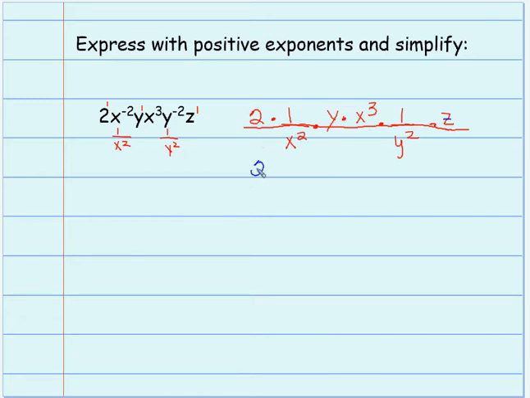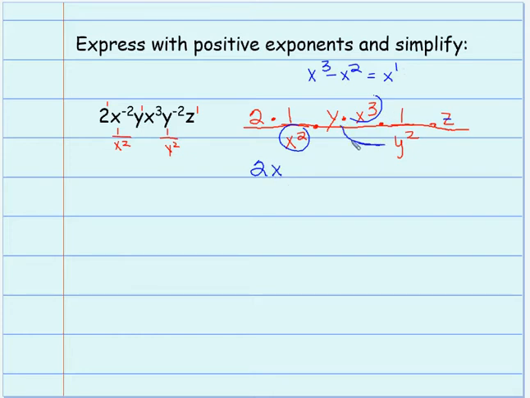I know I have a 2 because I have no other numbers, so that's going to stay there. And then I have these x's here, so I'm dividing, so it's going to be x^3 minus x^2, which is x^1, and the exponent is positive, so it's going to stay in the numerator.